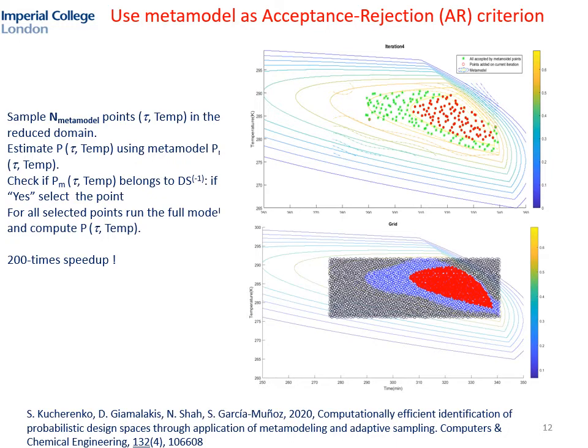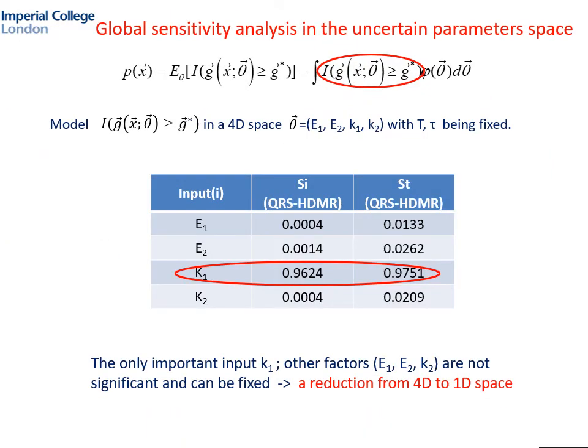On these slides, we see some results for this problem with accepted points as red. The details are given in this publication. On the second step, we applied global sensitivity analysis, which revealed that only one parameter out of 4, namely K1 rate, is important.